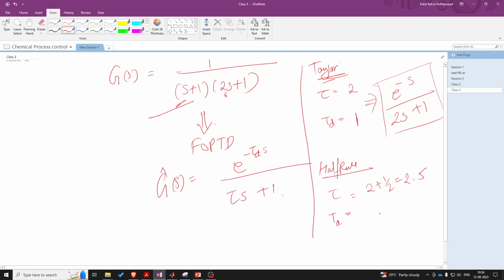So over here it will simply become 1 by 2, that is 0.5. So this FOPTD model will become e raised to minus 0.5s upon 2.5s plus 1. Now we will compare the response of each of these models to a step input.